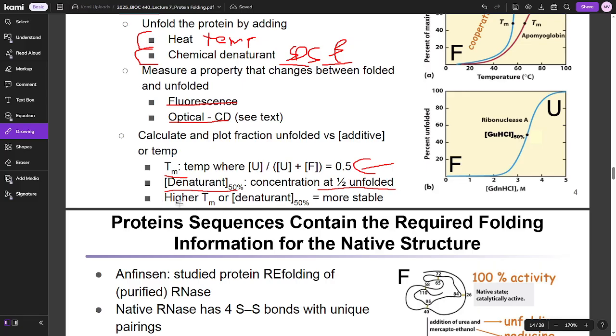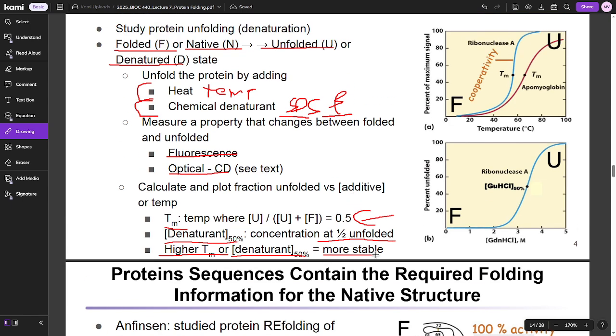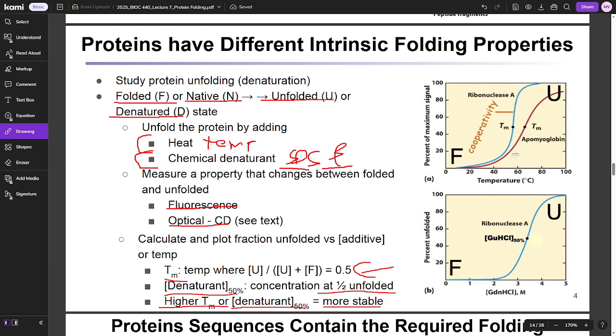And the idea is that if you have a higher Tm or a higher denaturant 50%, it takes more temperature or more concentration of denaturant, right, to actually destabilize the protein. You can see that here, right? For example, this protein has a 50% unfolded rate at around, I don't know, 55-ish, right?